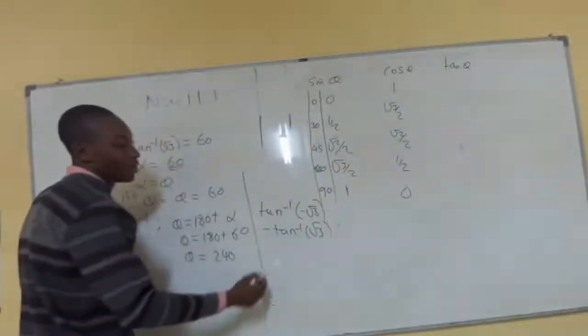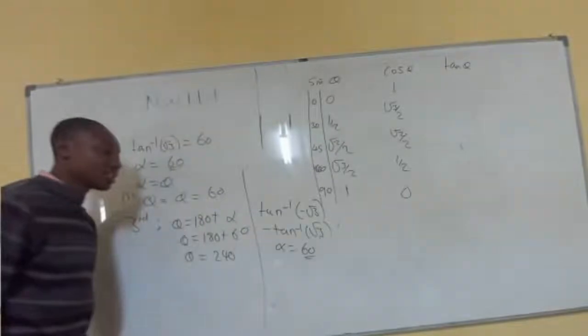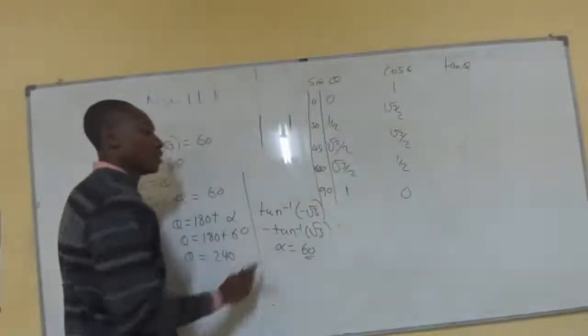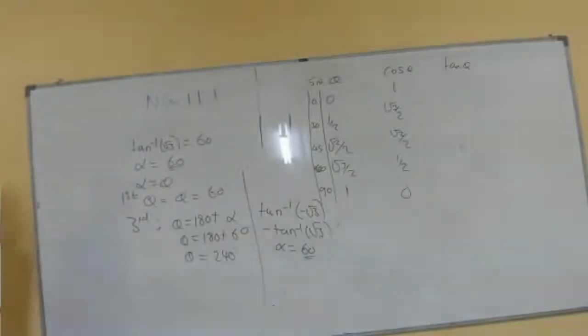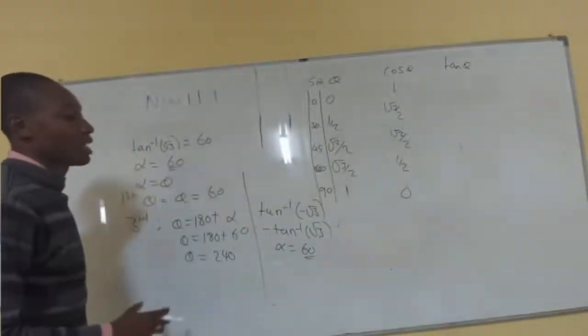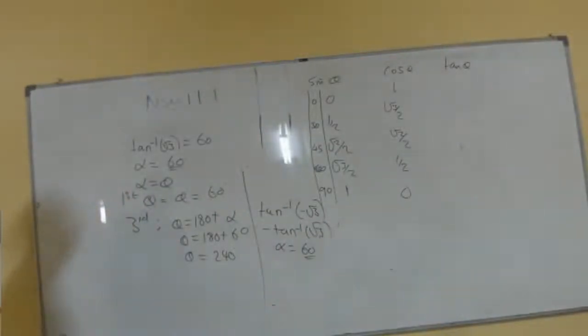Again alpha is 60 degrees. But ladies and gentlemen, tan is negative here, so in which quadrants is tan negative? Tan is negative in the second and in the fourth quadrant.